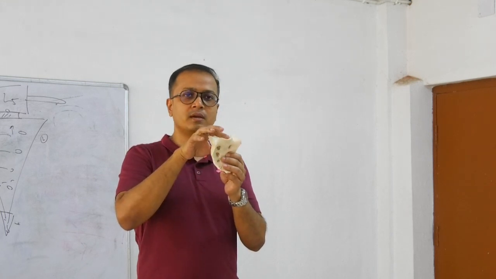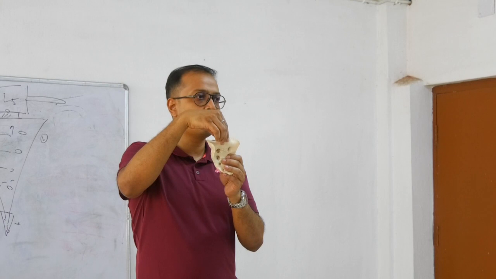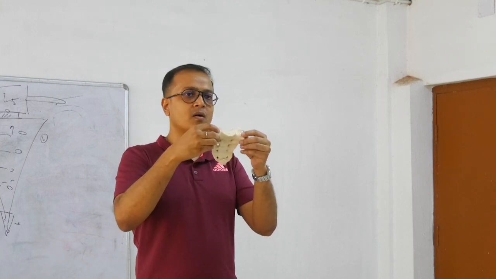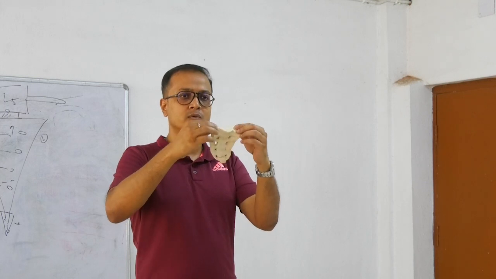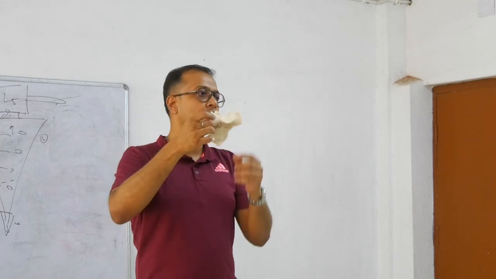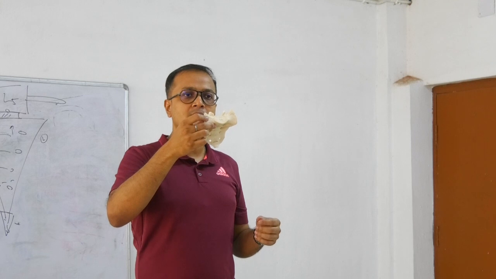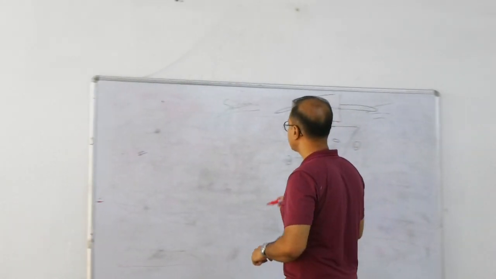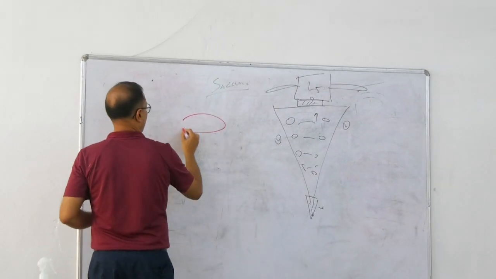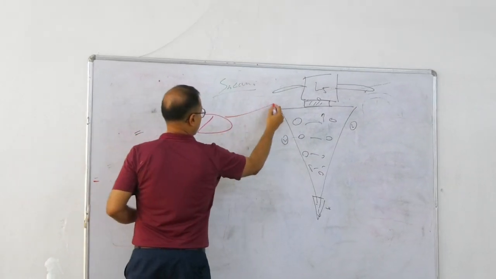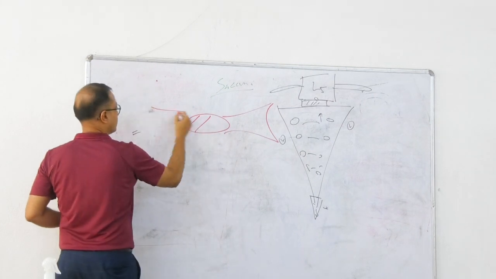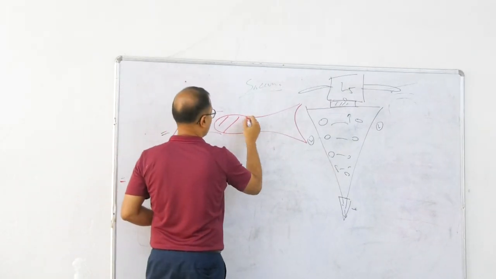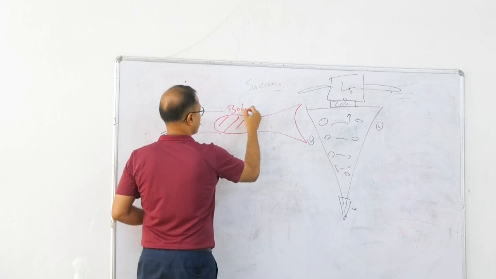So S1 will be here, making this body. And the lateral part, which is a little bit expanded, we call the ala, or wing. If you look from the top, this is the body, and this expanded part from the body is the ala.